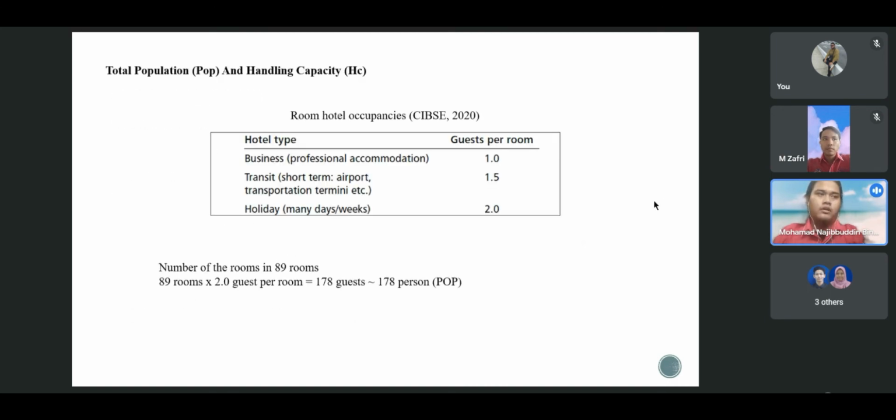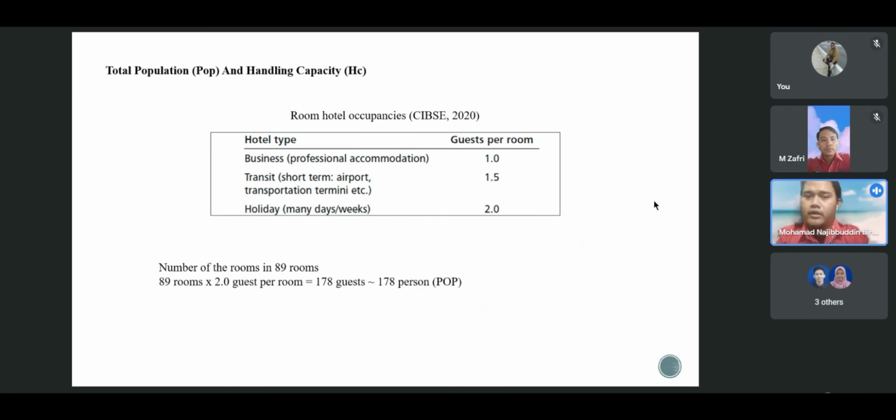The first one is total population, POP, and handling capacity. As I mentioned above, this building type is hotel. So we use hotel occupancy based on CIBSE 2020, that is 2.0 guests per room that we use in this project.